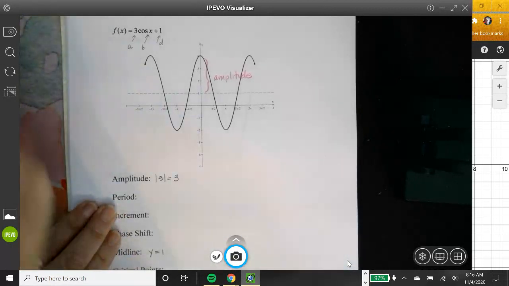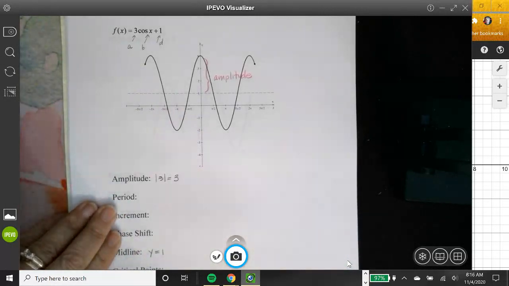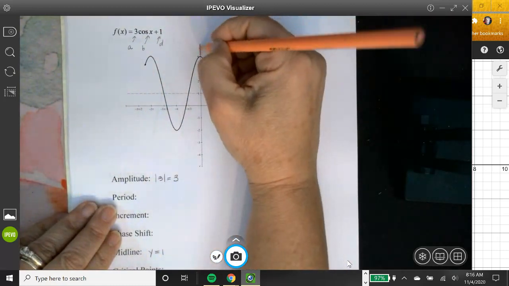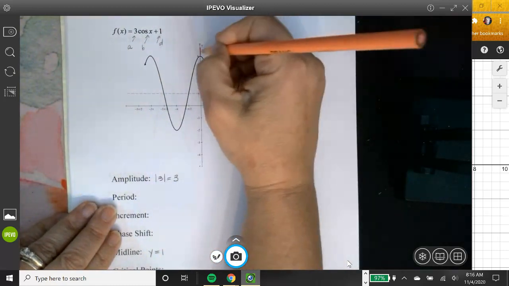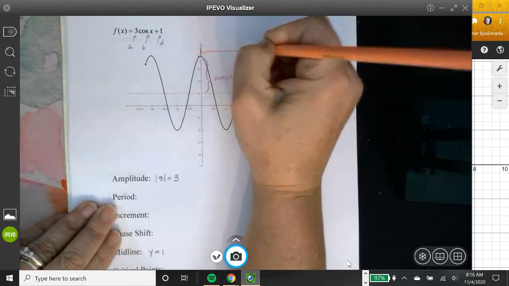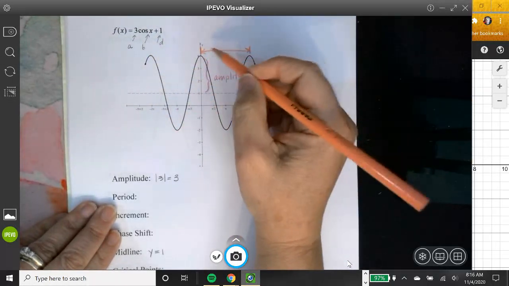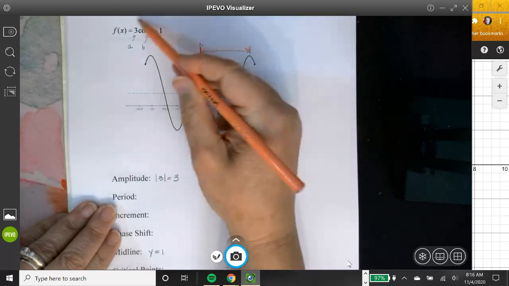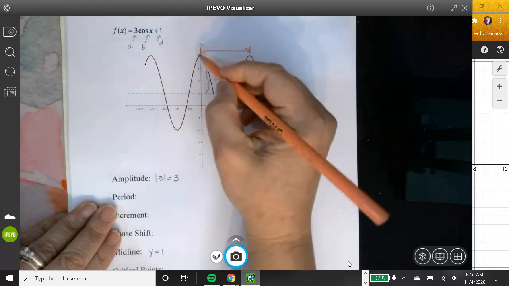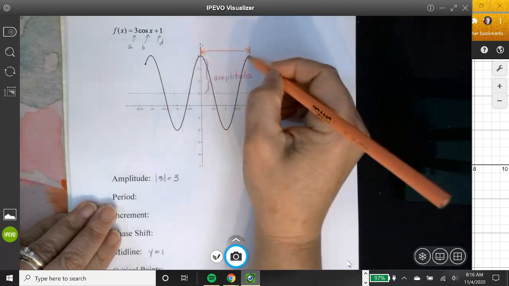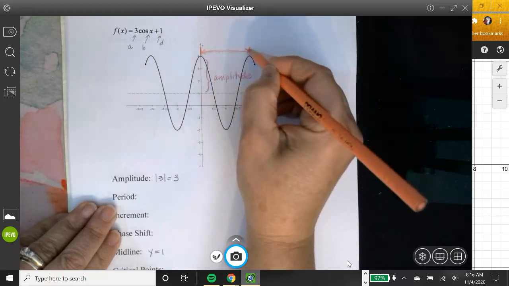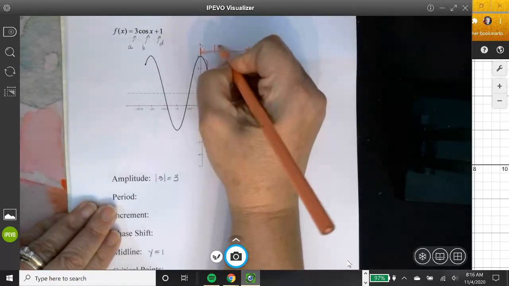Okay, the period. Well, the period is the distance on the cosine curve between the high spot and the high spot here. Because you see, I drew 2 cycles of this curve here. But the one that I see here is the one that does not have a phase shift. So it's starting at here when I name it. Okay, so here we go. Here's our period.